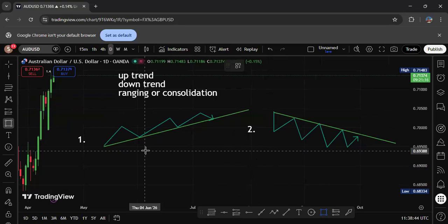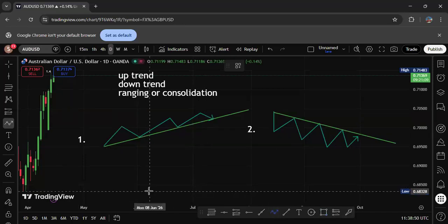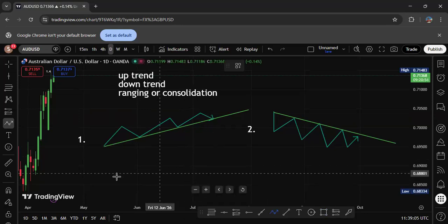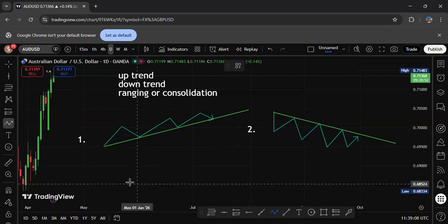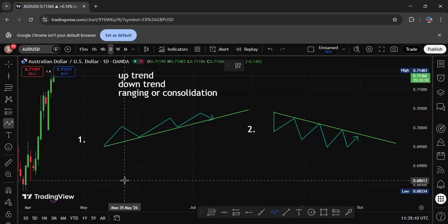An example of consolidation: you see price fluctuating, just ranging, going up and down. Let me show us one example here. It's just in fluctuating mode. I'm coming.